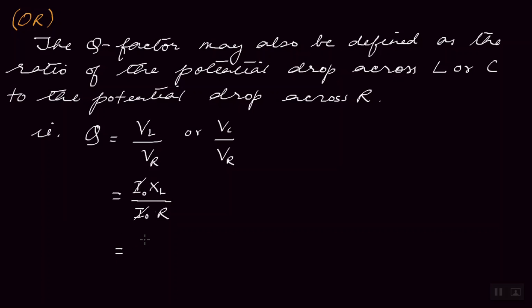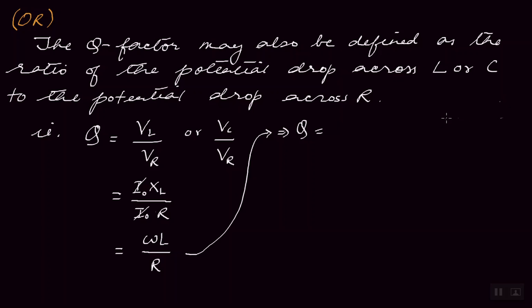And what is the value of XL? XL is omega L by R, right? And what is the value of omega? We already found the value of omega. You remember how omega is written? Let me use a different color so that you will not get mixed up.